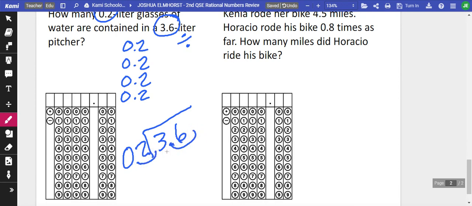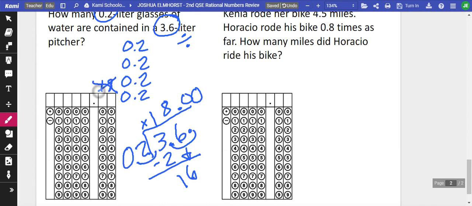Move the decimal over to the right, and 2 goes into 3 one time. 1 times 2 is 2, and then 2 goes into 16 8 times. The decimal place value, we're not going to put it here. So 18 decimal 0 0. So there's going to be 18 glasses.